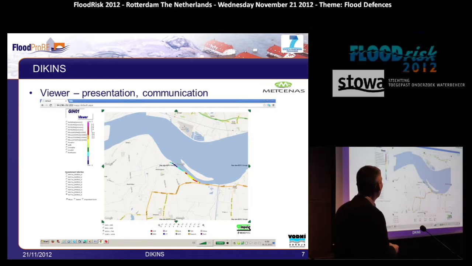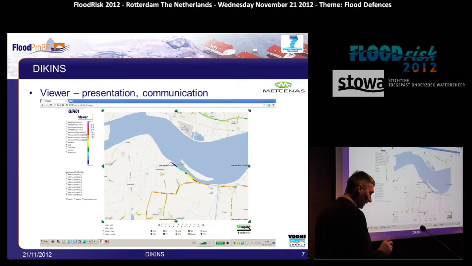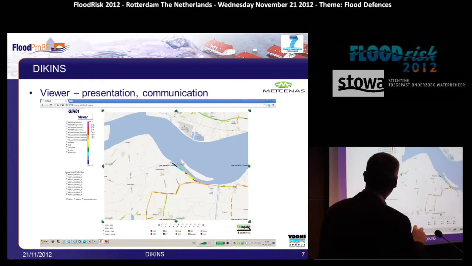And maybe the important part of the software is the viewer, which is for the end user working with this type of data. It is based on a map in GIS software, and you can see lines here, the measured profiles, where the colors show parameters described on this side.